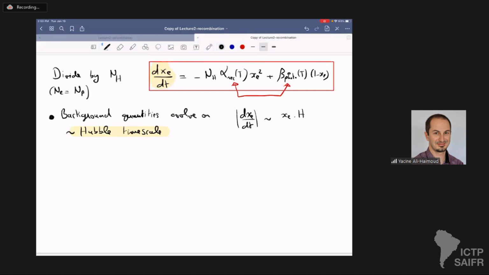So if I compare now this term on the left to the first term on the right, we'll see that if NH times alpha recombination times xe, so I divide everything by xe, is much greater than the Hubble rate, so this has units of inverse seconds, and also this has units of inverse seconds, then we reach an equilibrium.